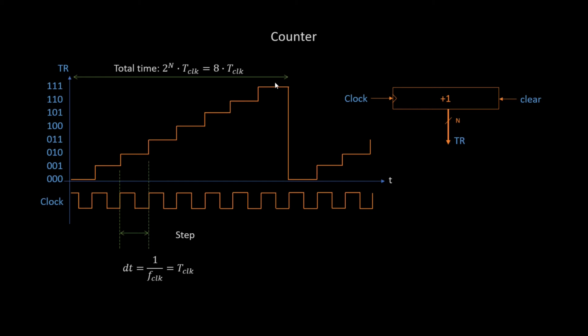The total time that I count is 2 to the power of n times the period of the clock, which in this simple example here is 8 times the period of the clock. Since we count from 0 to 7, we have 8 clock cycles in total.